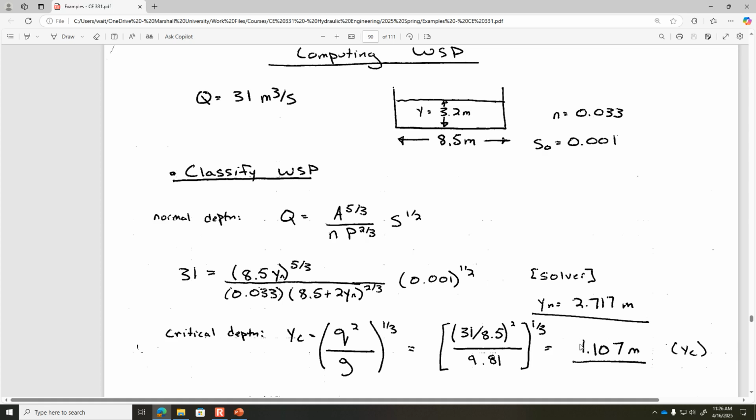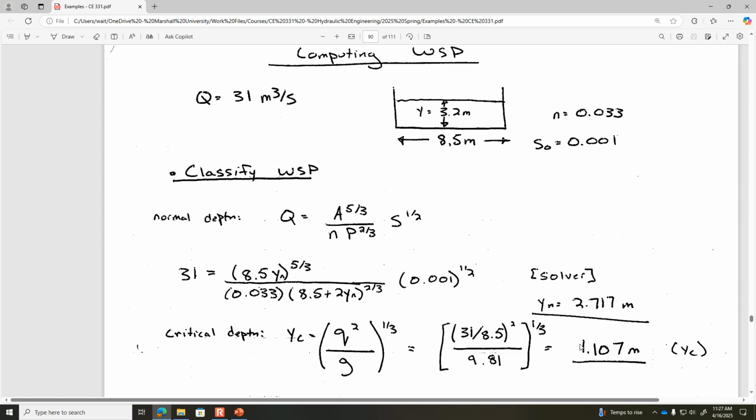So y sub c is the smallest, 1.107. And then the normal depth, y naught, is 2.717. And then the actual flow depth is 3.2. Is it 3.2? Yeah, 3.2.